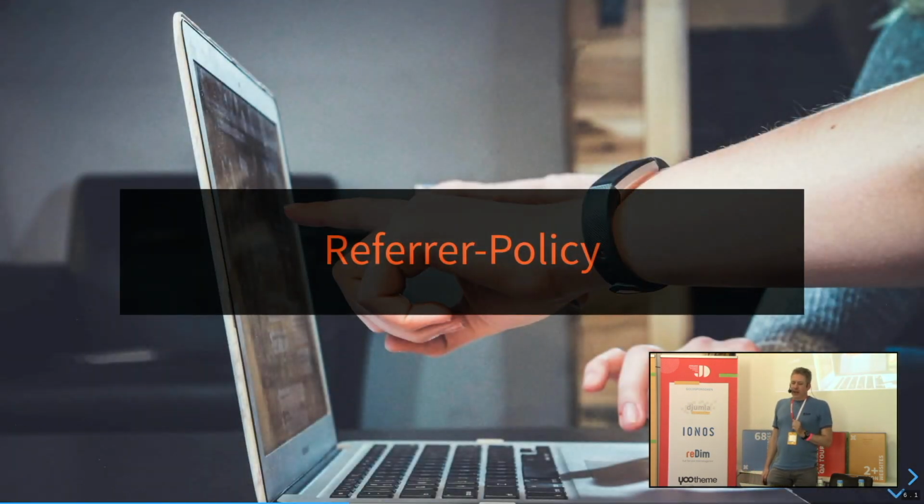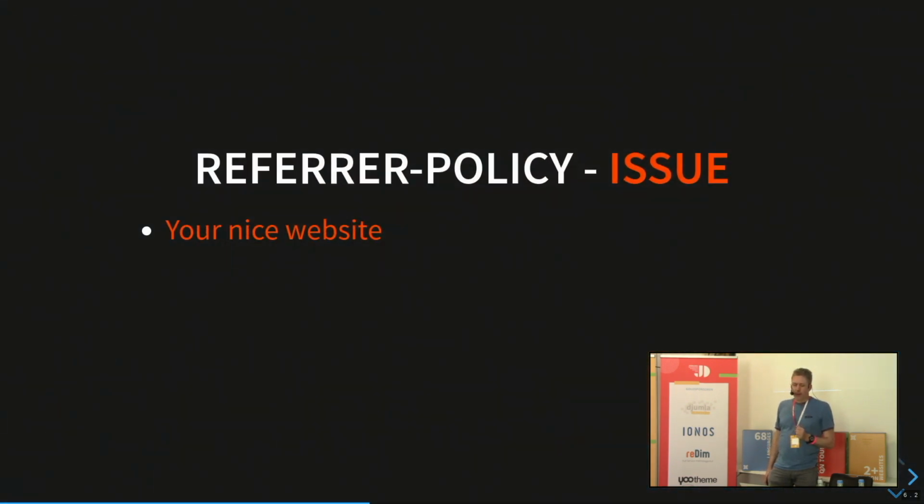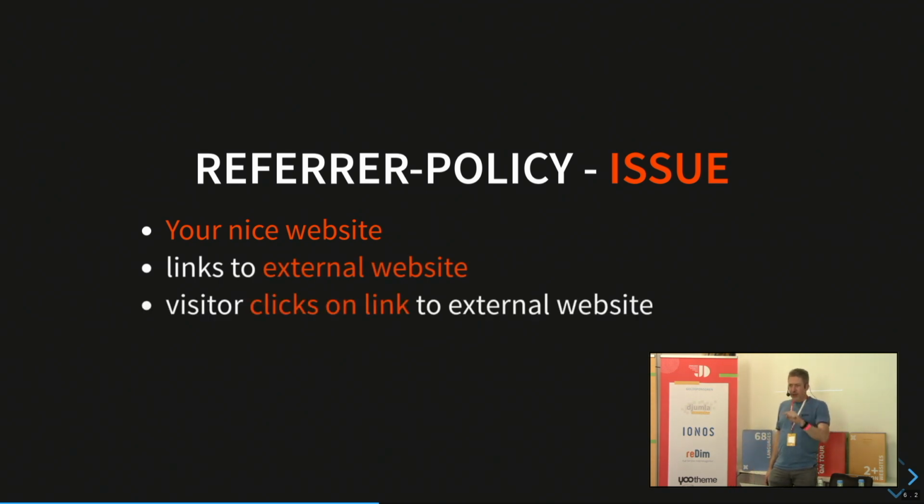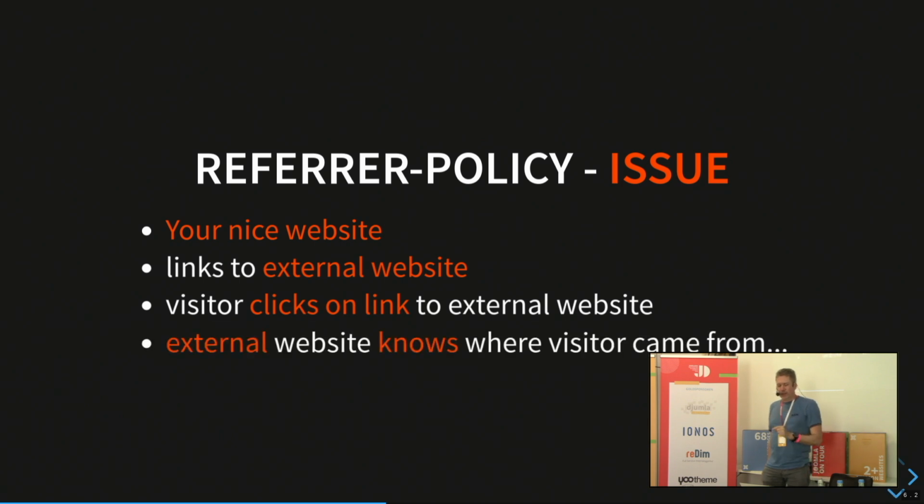A second HTTP header is the Referrer-Policy. So you still have your nice website and you link to an external website. What happens if a visitor clicks the link? The other website knows where the visitor comes from.